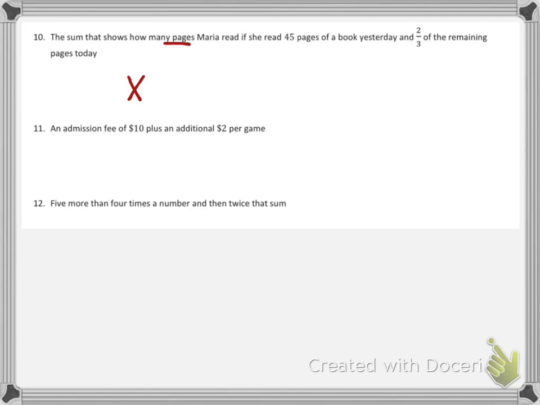So if she reads 45 pages yesterday and 2/3 of the remaining pages, we would have 2/3 of the book plus the 45 she read on the first day. So 2/3 x plus 45. And this is good, where our exponent is a 1, so this is linear.